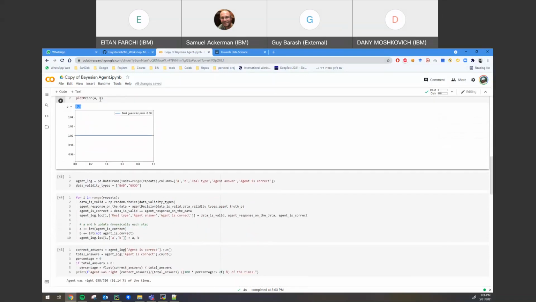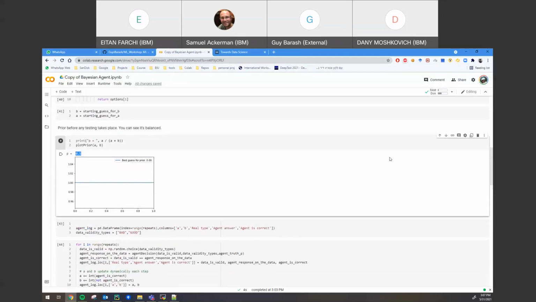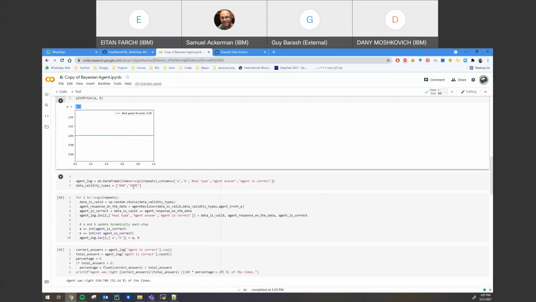Okay, so when we start running each data type, the input is either bad or good. Each iteration, the agent is given an answer, either bad or good, and he decides what he passes along to us. As I said before, 80% that it will give the right one, and 20% that it will randomly give either bad or good.